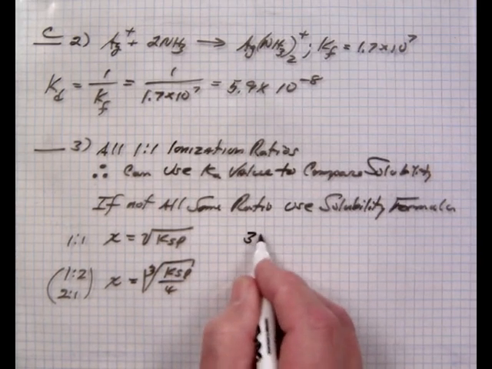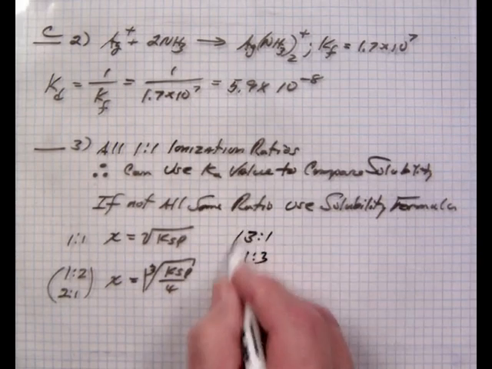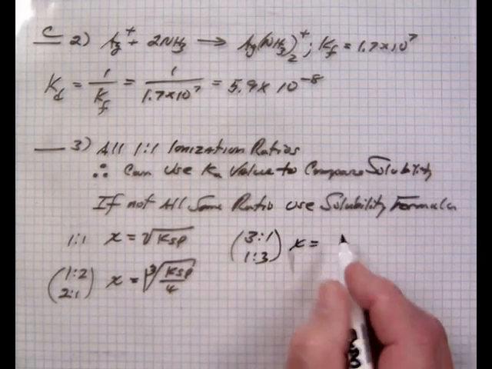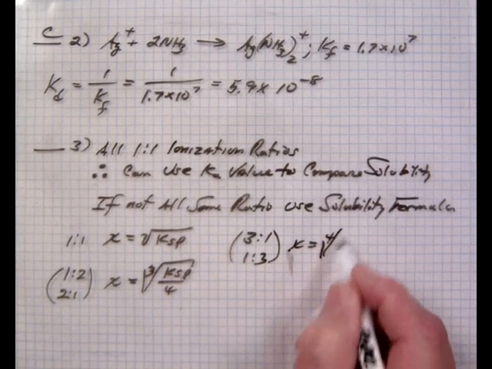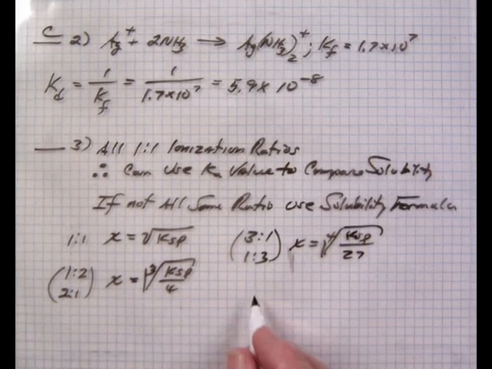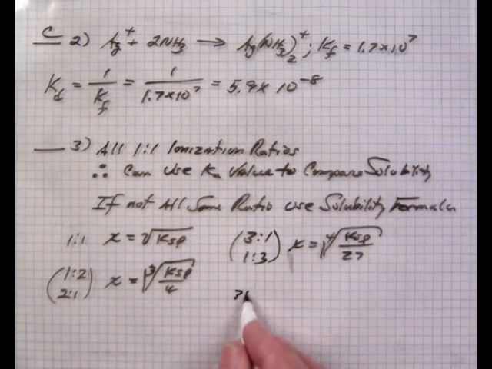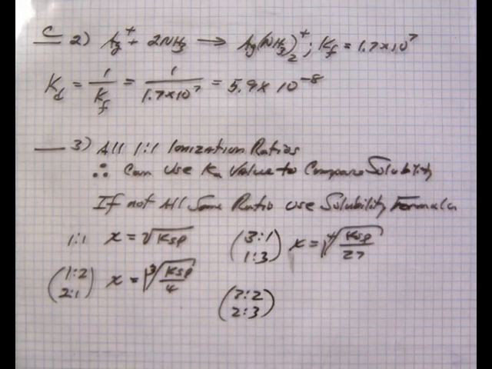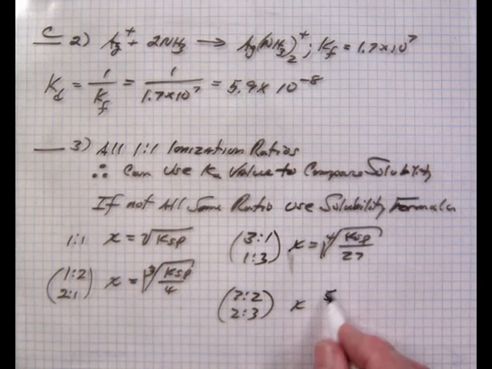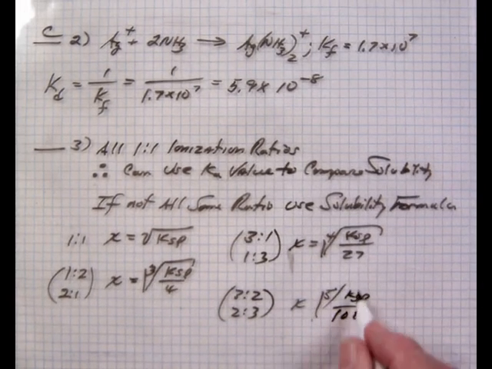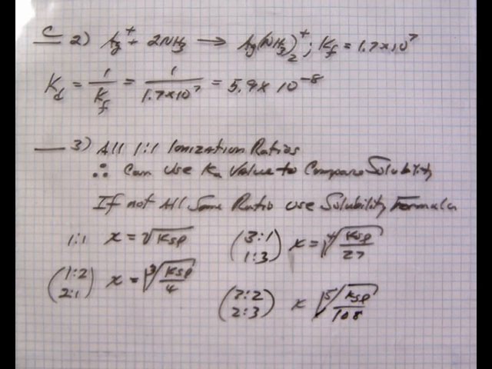For a 3-to-1 or 1-to-3 ionization, X is the fourth root of Ksp over 27, and for, say, a 3-2 or 2-3, which is the extent of what we have in our textbook, X is equal to the fifth root of Ksp over 108. And so it's to your advantage to learn these in that context.